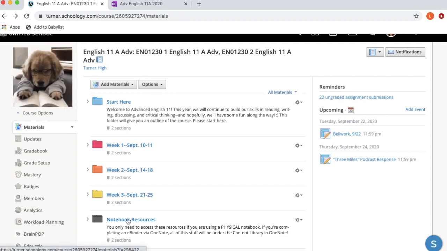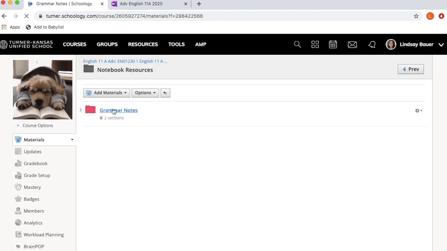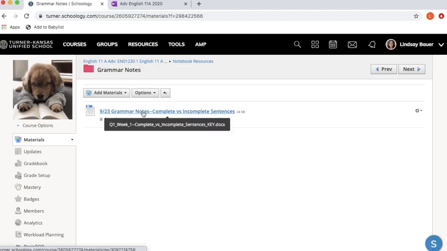So if you are doing a physical copy of a notebook, this week's stuff is under the notebook resources and grammar notes, and then today's grammar notes date, and you'll just download that, print it out, and paste it into your notebook.